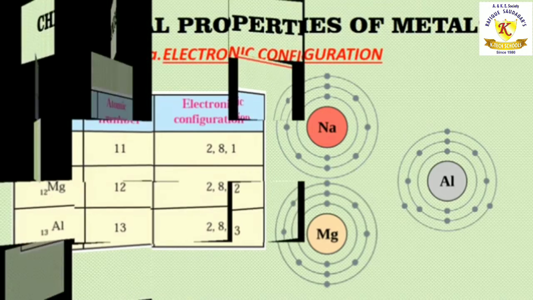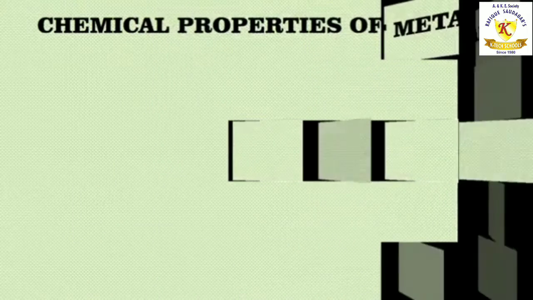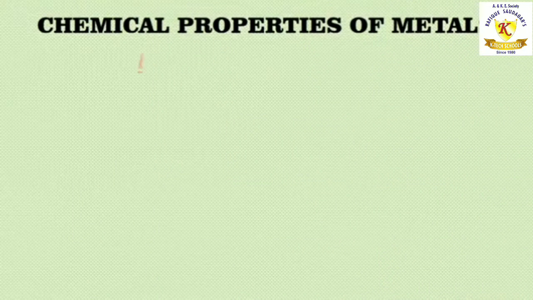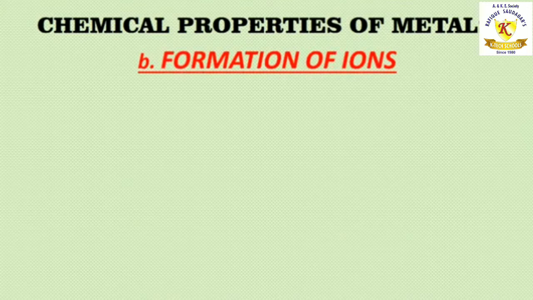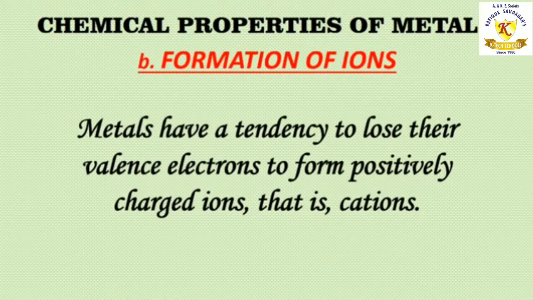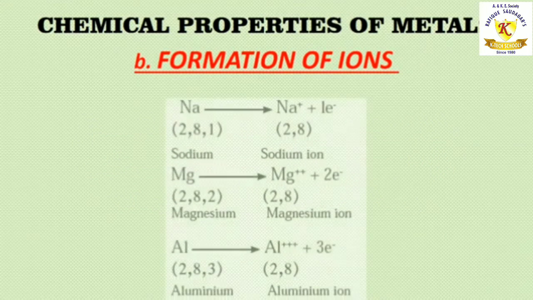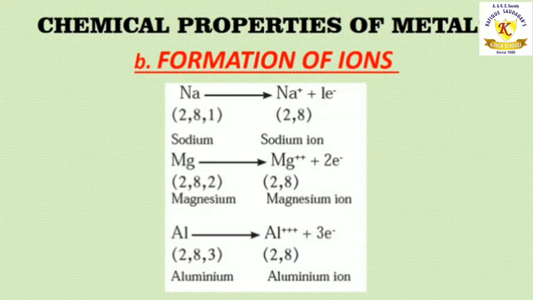Now, let's see the second property: formation of ions. Let's see what it is. Metals have a tendency to lose their valence electrons to form positively charged ions, that is, cations. Look at this picture.